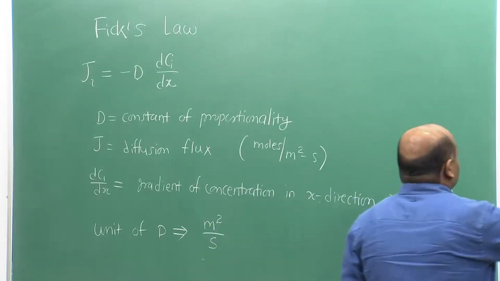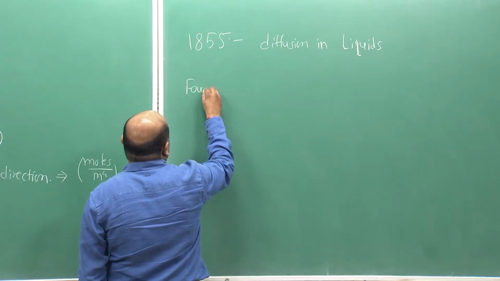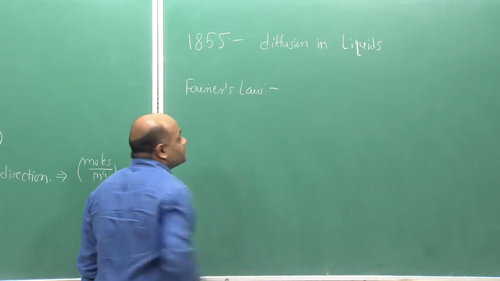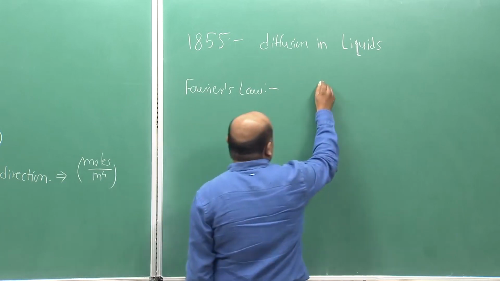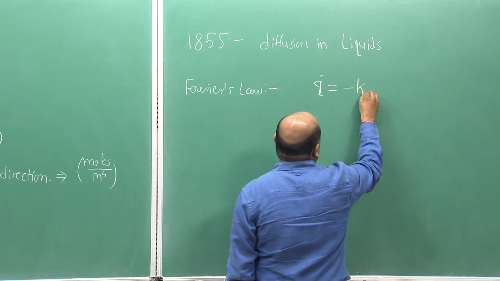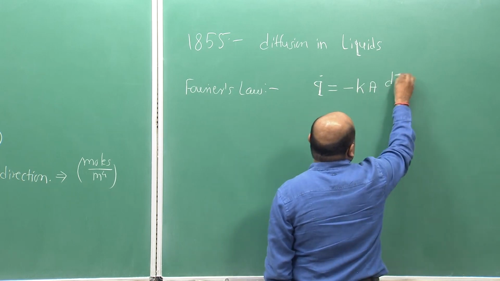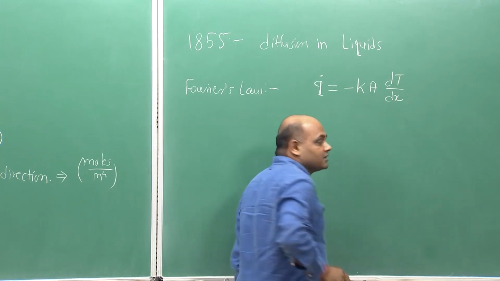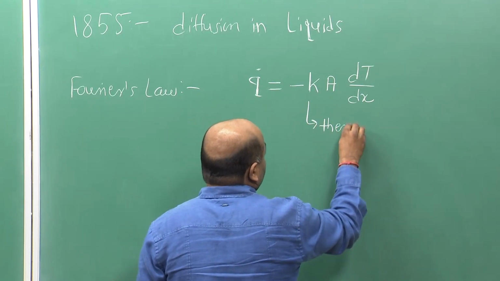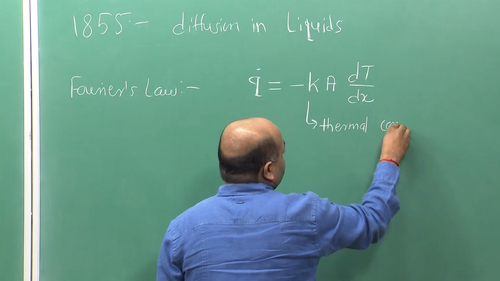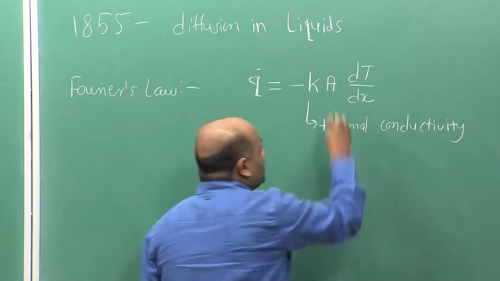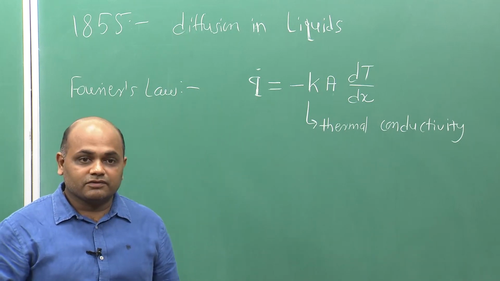So, if we draw the analogy, Fourier's law says q dot is equal to minus K A dT by dx, where K denotes the thermal conductivity and A is the area of cross section.